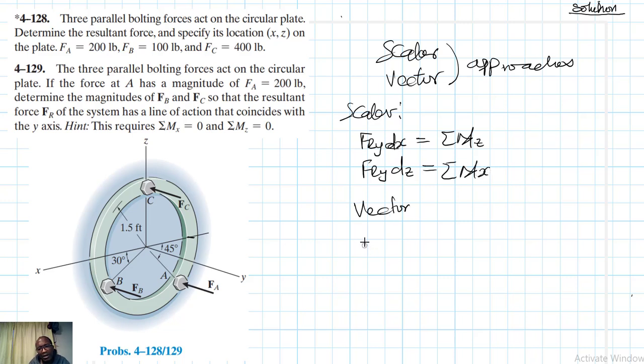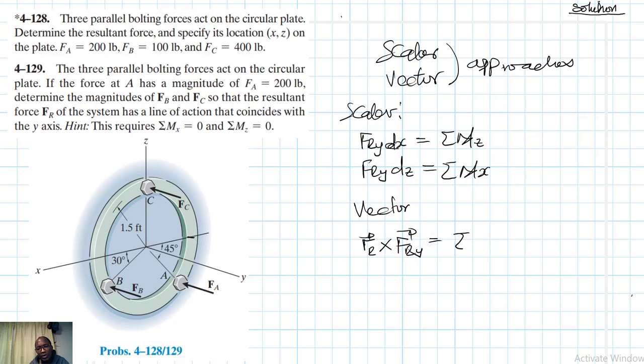And for the vector, all right, we need to represent this as a vector. So let's say we have the position to the resultant force. We are going to call R. We have the moment arm to the resultant force R. Okay, moment arm. Then R cross the resultant force.